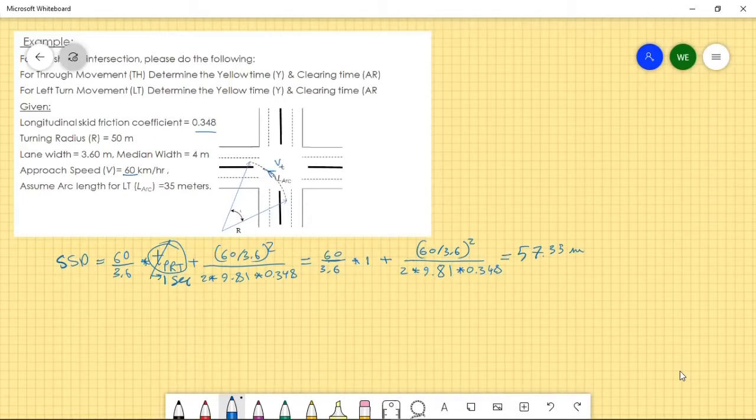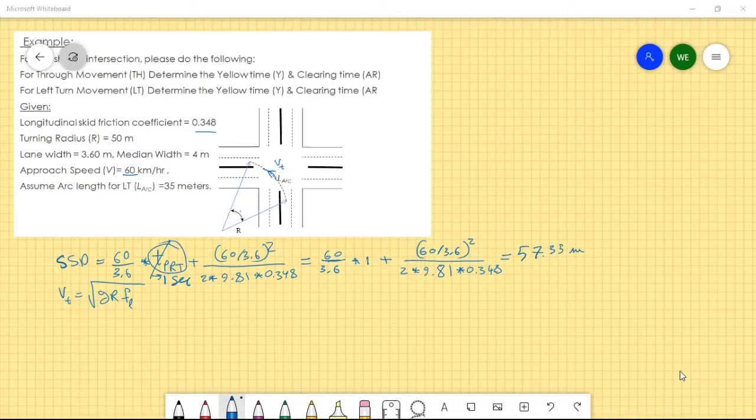V turning. So V turning equals the square root of g R f_L. f_L is basically the coefficient of friction in the lateral direction. So that's the side or the skidding coefficient of friction.